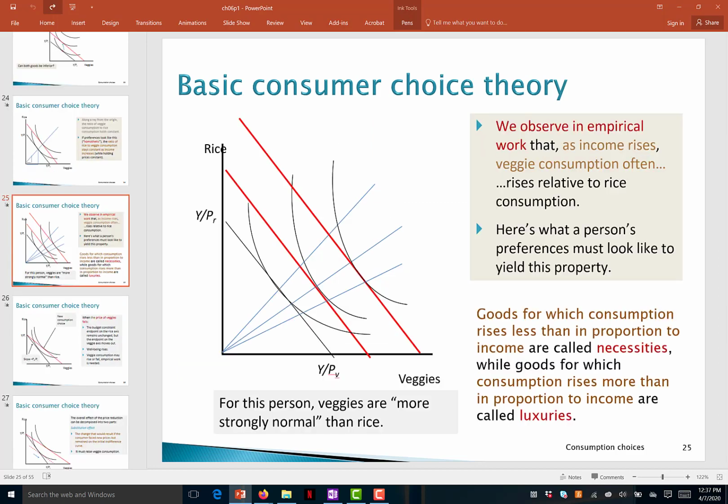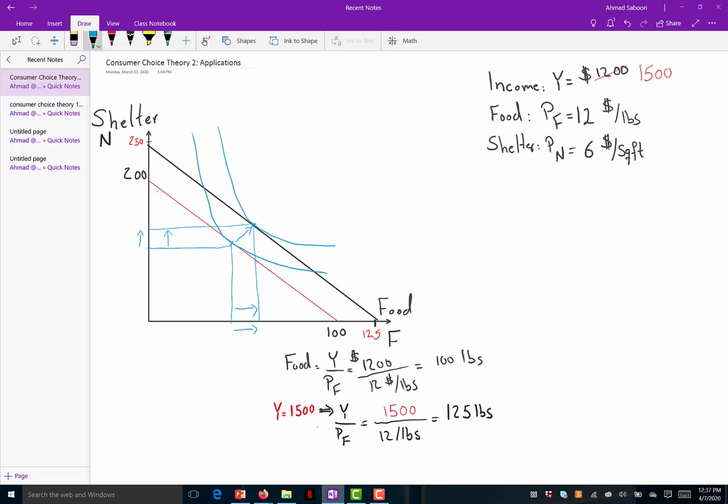So what we can do is track the income and see how changes in income change the consumption of the different goods and services. If you want the more technical word for that, we can look into the income elasticity of demand. And the income elasticity of demand is essentially answering the question, per 1% change of income.